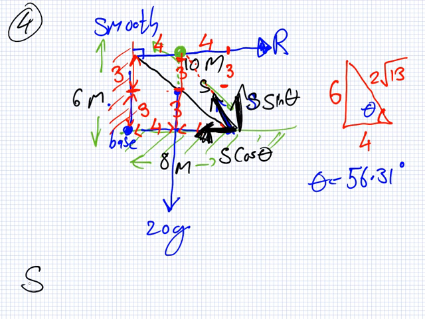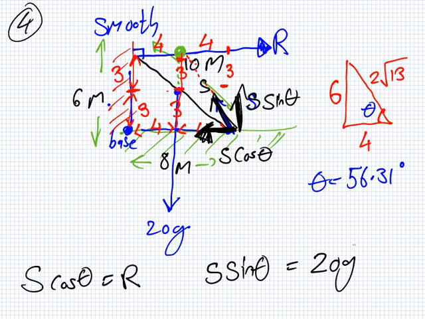Right, so what does S cos theta equal? That must equal R. And what does S sine theta equal? That must equal 20g. And we know theta, so if I put that in here, can I get anything? No, I need to put them together.